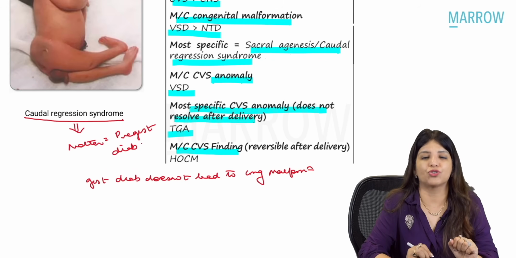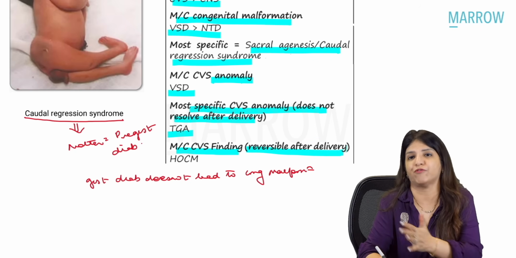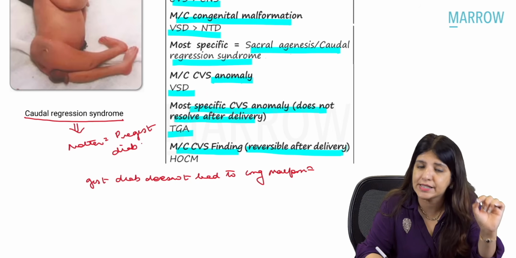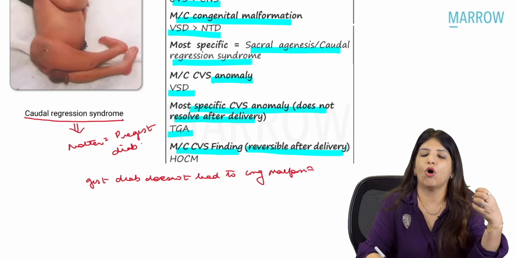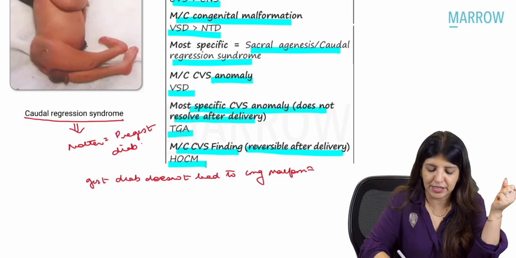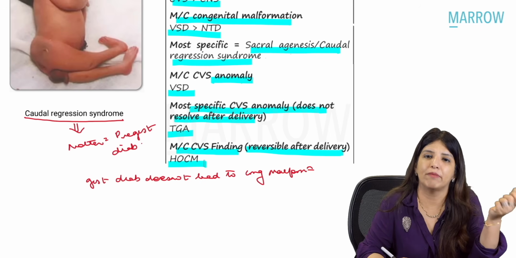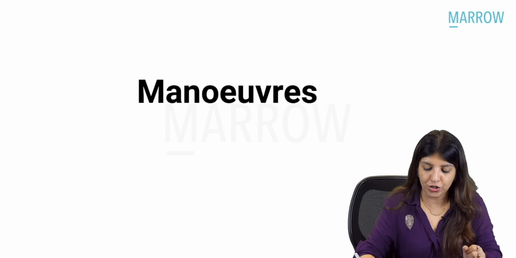Anomaly does not resolve after delivery, whereas finding is reversible after delivery. So most common cardiovascular finding in case of babies of mothers with pre-gestational diabetes is HOCM, right? Hypertrophic cardiomyopathy, HOCM.